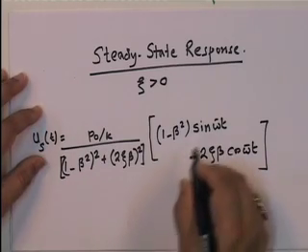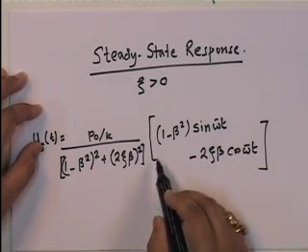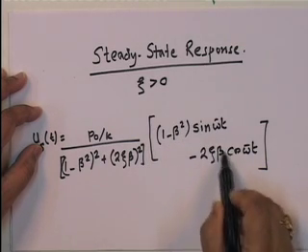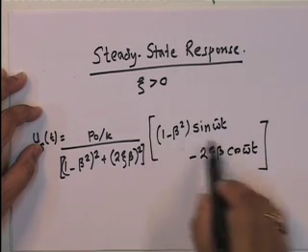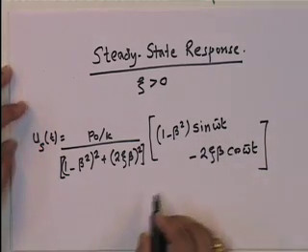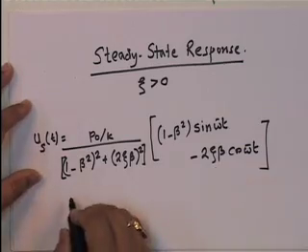So, this can be written as the square root of (1 minus beta squared) whole squared plus (2 zeta beta) whole squared. It can be written as sine omega bar t minus theta. So, this equation can be written in this fashion, that is, it can be written as a sine wave itself.